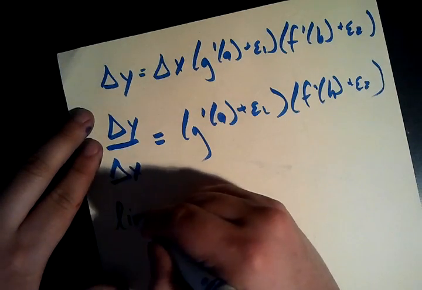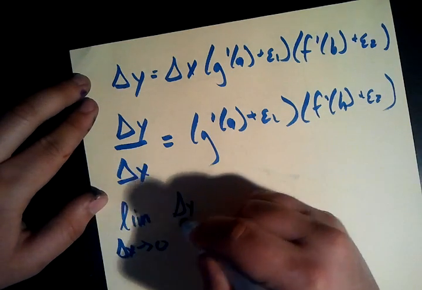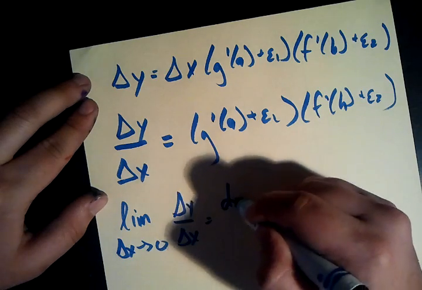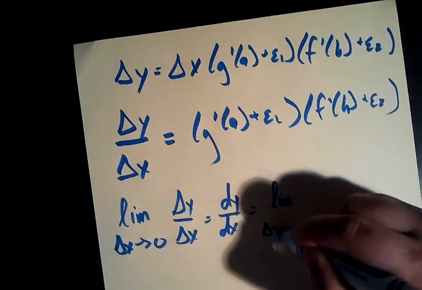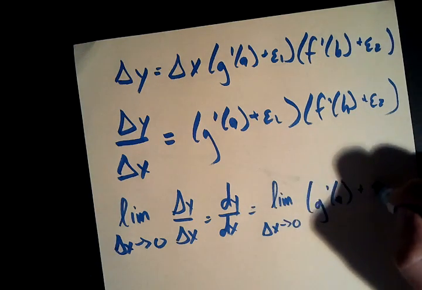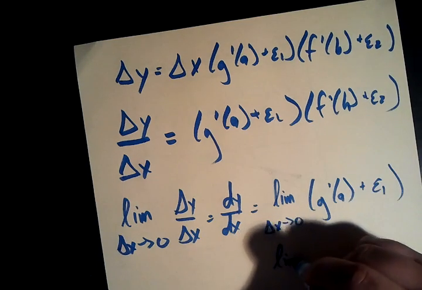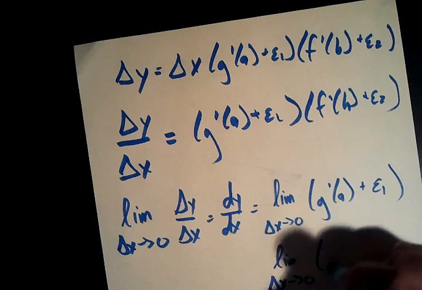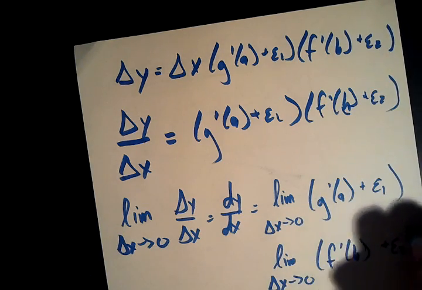Now we're going to take the limit as delta x approaches 0 of delta y over delta x, which is of course dy over dx, the true derivative, and that's going to equal the limit as delta x approaches 0 of g prime a plus epsilon 1, times the limit as delta x approaches 0 of f prime of b plus epsilon 2.